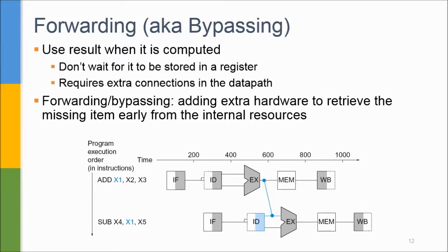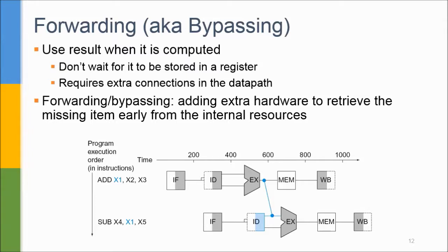This figure shows the connections to forward the values in X1 after the execution stage of the add instruction as input to the execution stage of the subtraction instruction. In this graphical representation of events, forwarding paths are valid only if the destination stage is later in time than the source stage.